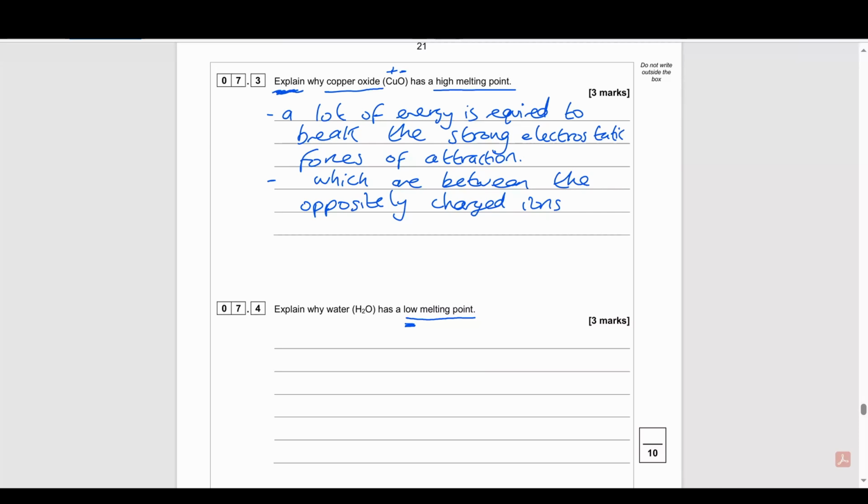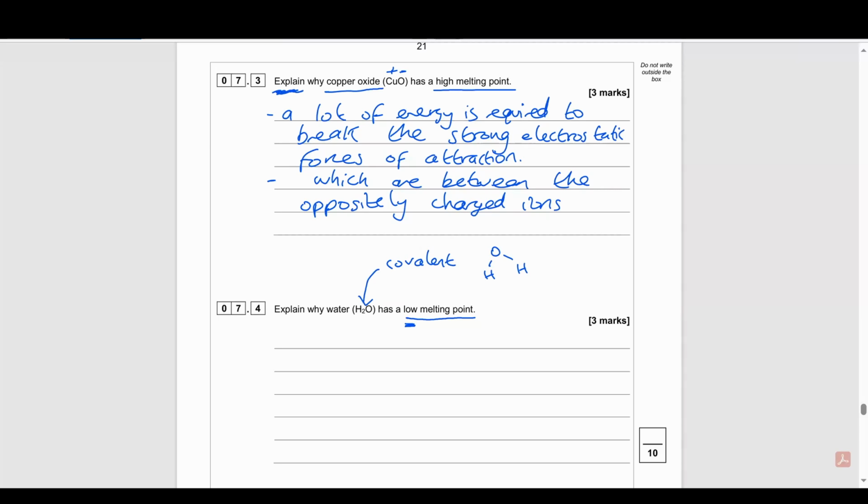How is it different though? Well, water is not an ionic compound now. It's a covalent compound. And if it's a covalent compound, there is going to be another type of force. This time it's not electrostatic because there are no charges.